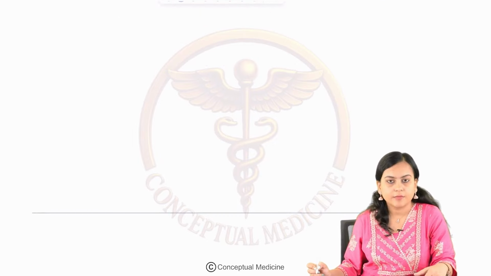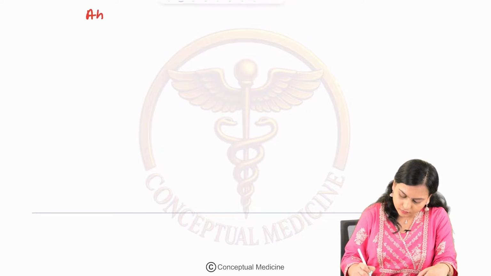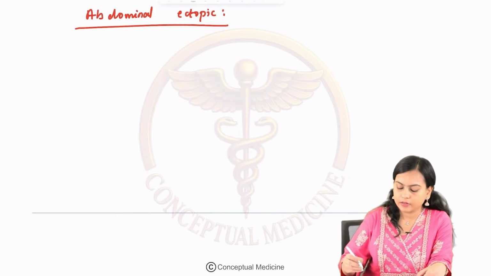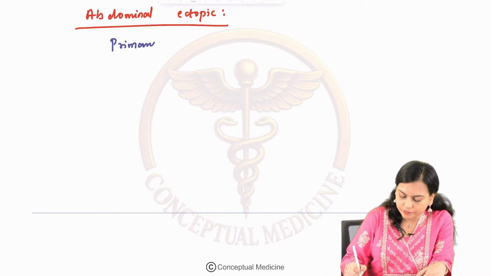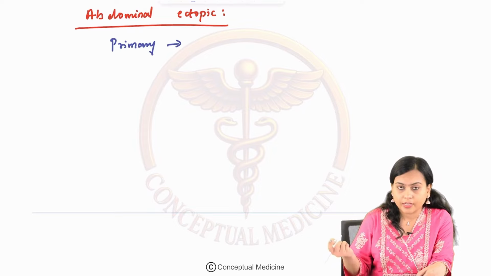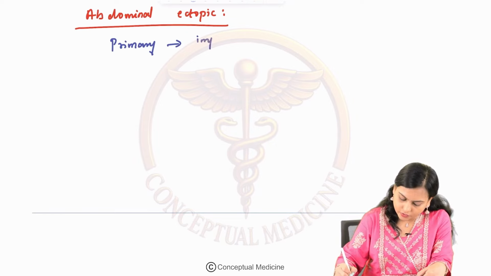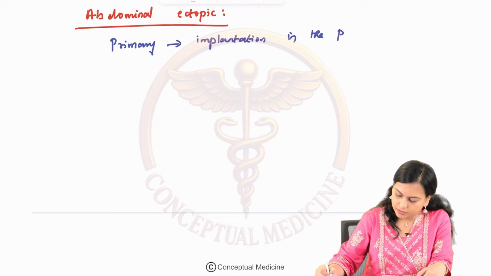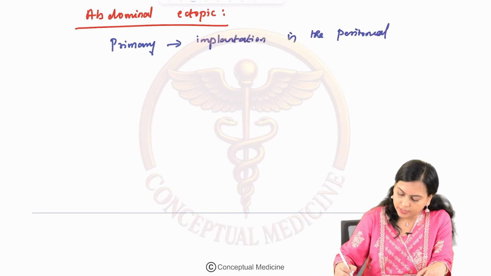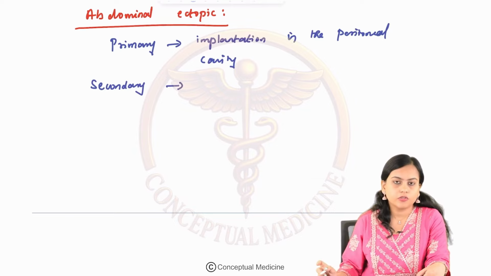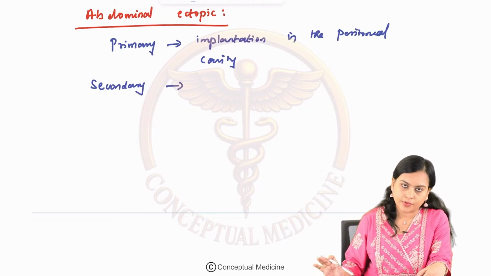Next we will see about the abdominal ectopic. There can be two types of abdominal ectopic. A primary abdominal ectopic is an ectopic pregnancy which has implanted itself in the peritoneal cavity itself, whereas a secondary ectopic may follow tubal rupture or tubal abortion, as we have seen previously.